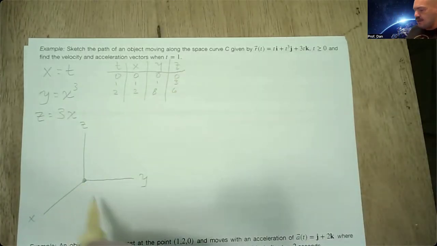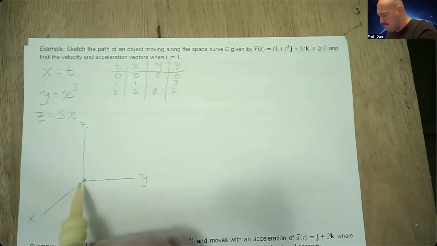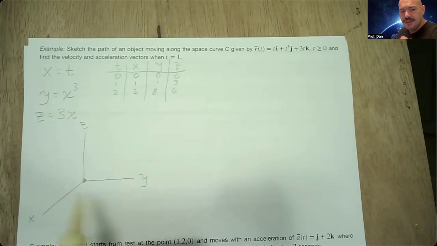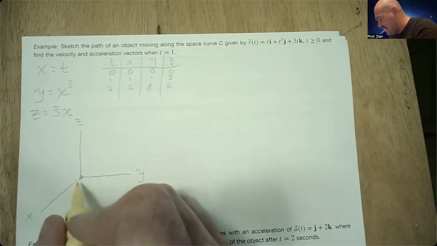So essentially, we're drawing out the first quadrant part of the x cubed graph, right? Because we're not going to consider negative values of x. And this is rising at a rate of 3 for every change of 1 in x.